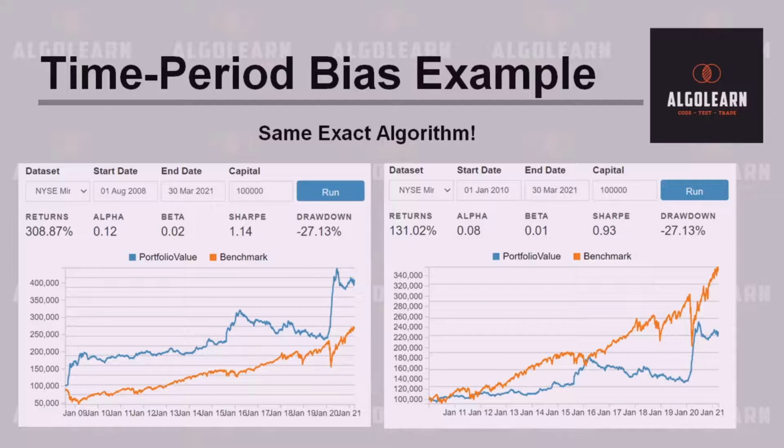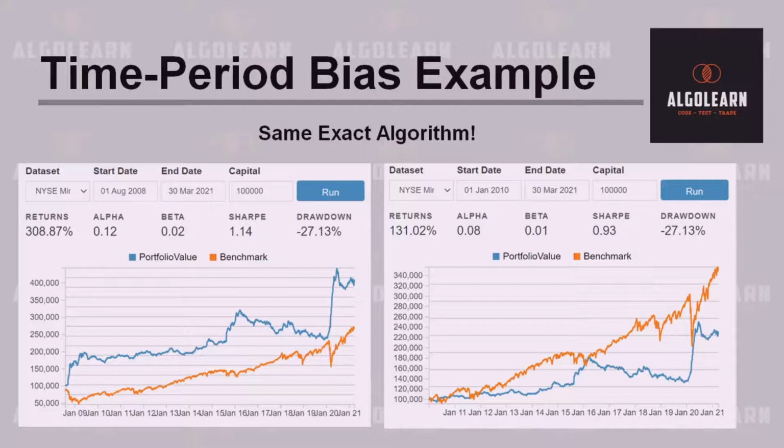But if I move forward to a point where I'm excluding the Great Recession, so it's not necessarily the greatest point to start this algorithm, an algorithm that really likes a down market.